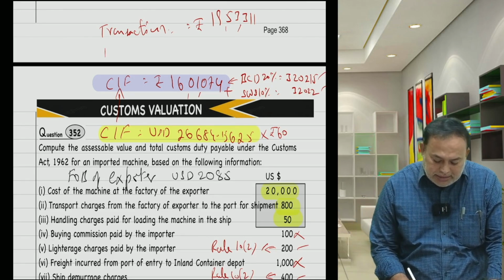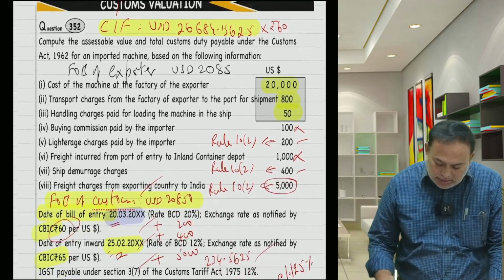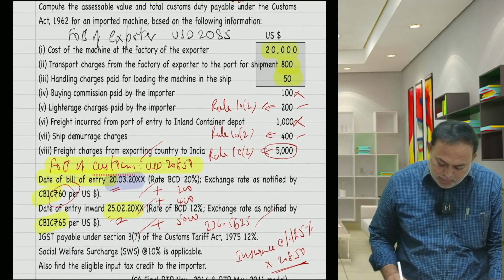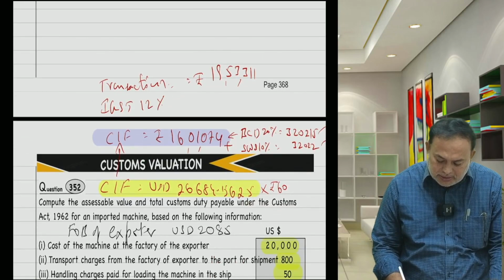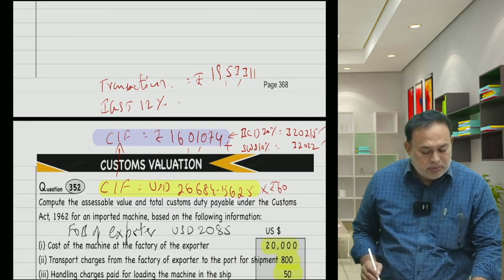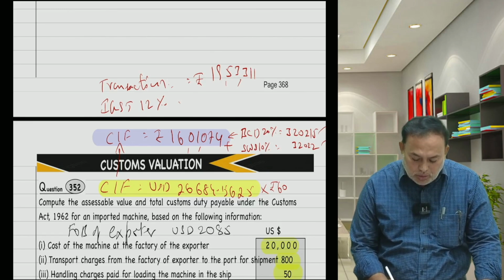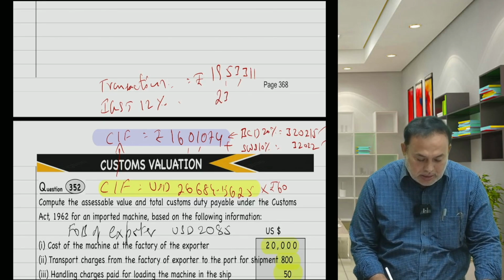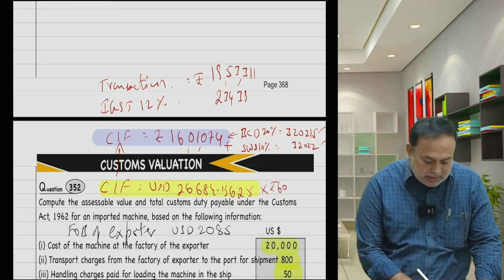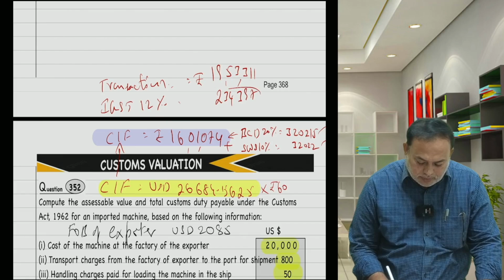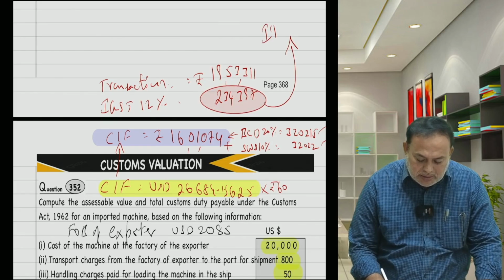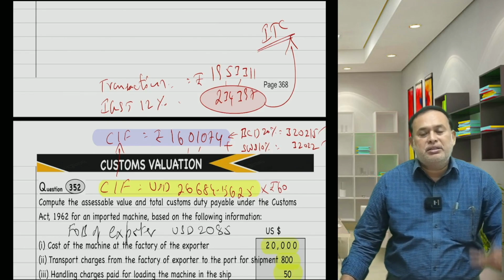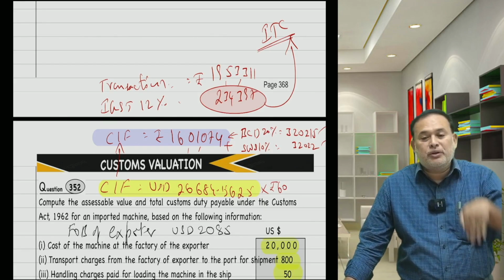IGST rate given in the problem is 12%. Therefore, 12% IGST on this value equals 2,34,397. This value is qualified for ITC under GST law on account of import of goods.